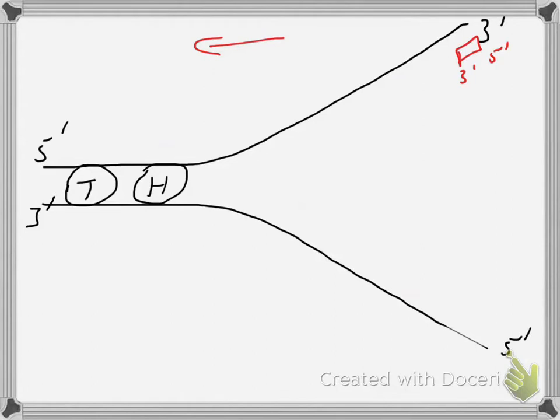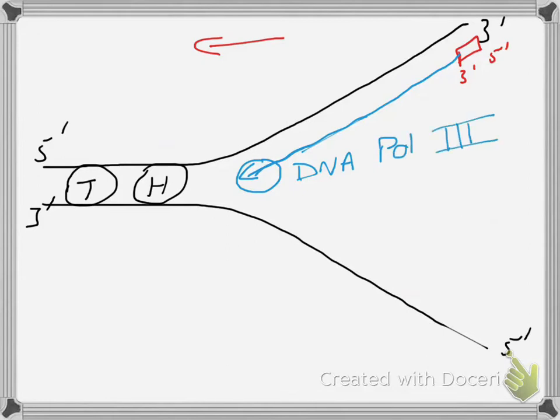Now the DNA is synthesized 5 prime to 3 prime, and since this is our leading strand, our DNA is going to be synthesized in this direction here, like so, and out here this would be my DNA polymerase 3.